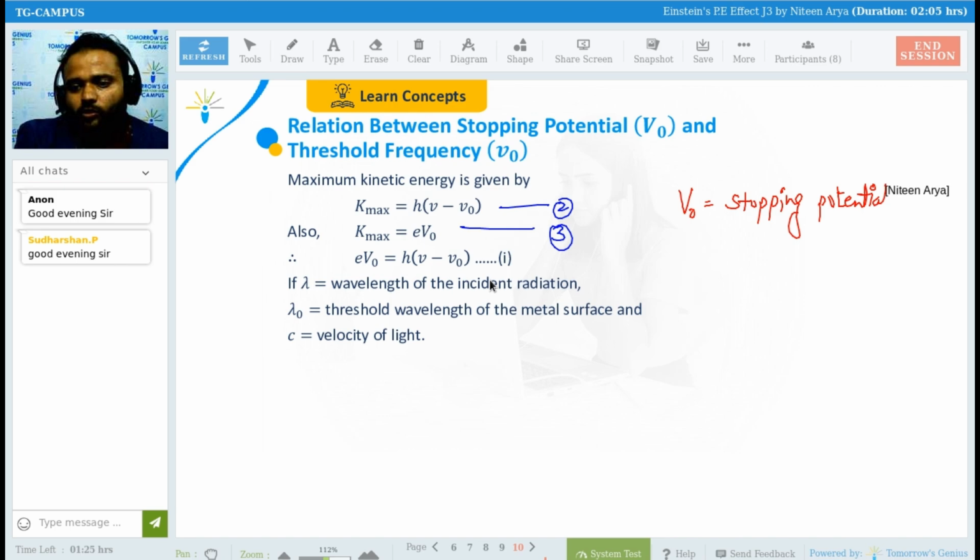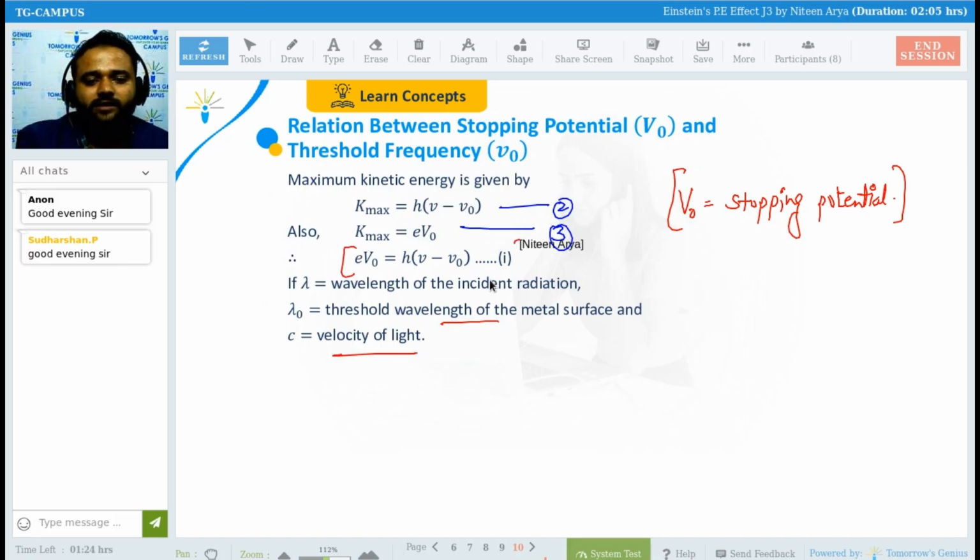We discussed these small things in the previous classes, right? So again, e V naught equals h nu minus h nu naught. If lambda is the wavelength of the incident radiation, lambda naught is the threshold wavelength, and c is the velocity of light, you can rewrite equation number 4 in terms of lambda also. Why so?